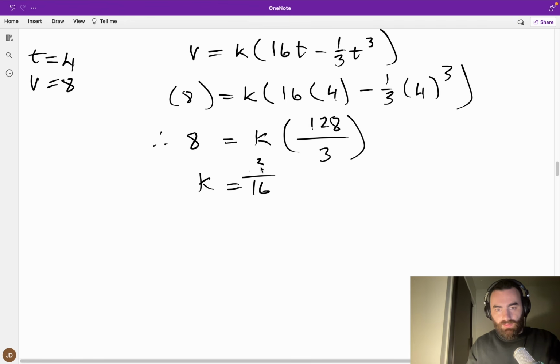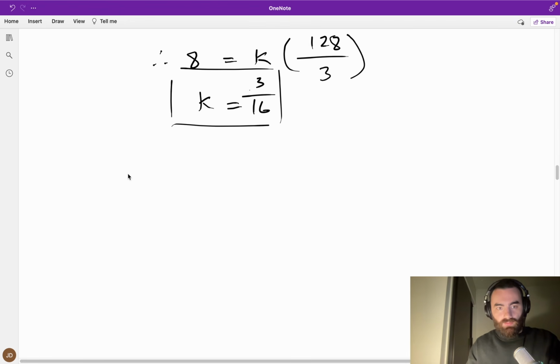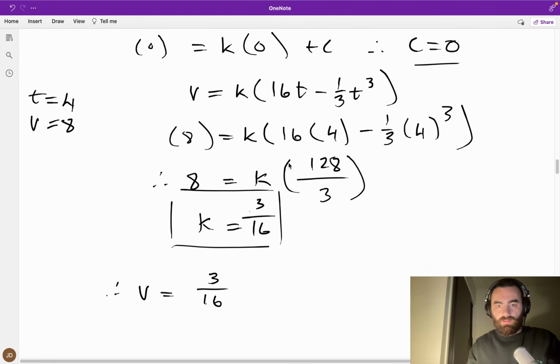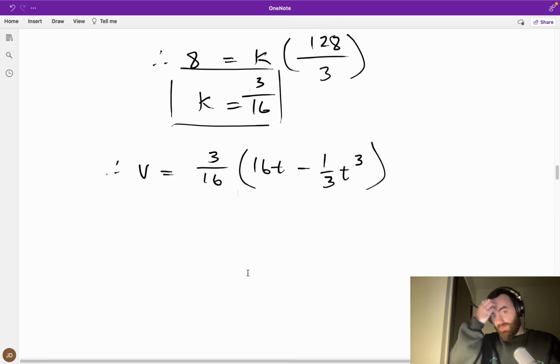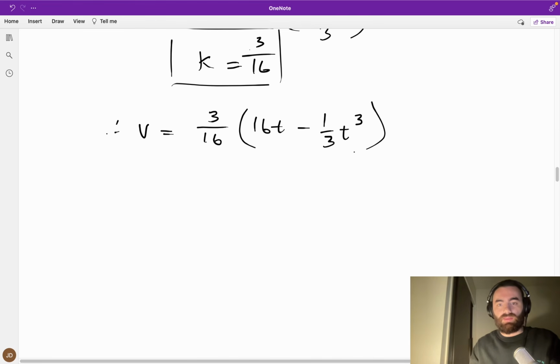So we're getting closer. Now we have the velocity for this particle equals k, which is 3 over 16, times 16t minus 1 over 3 t cubed. So we have an equation for v in terms of t.